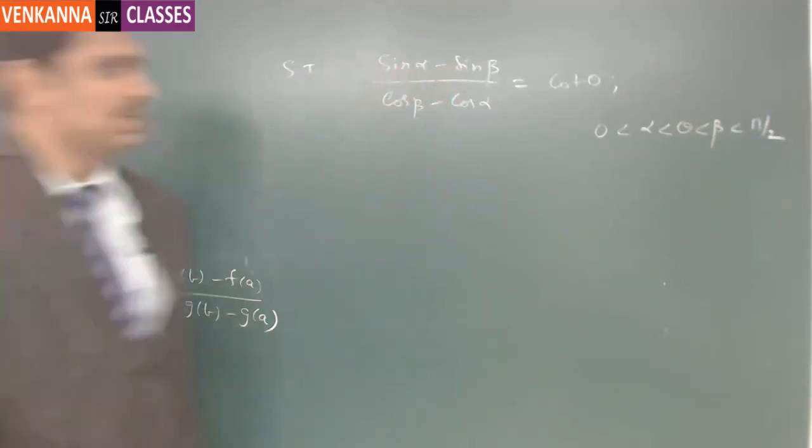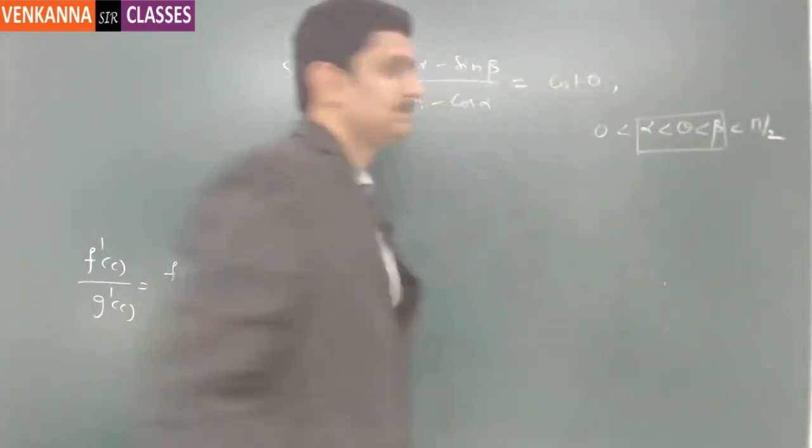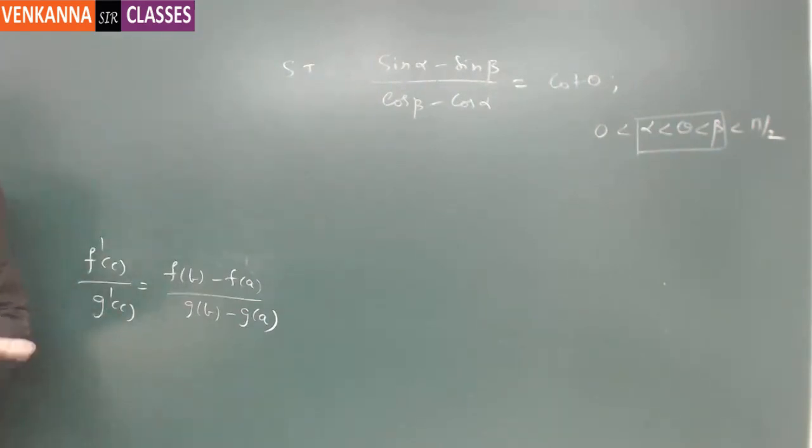So the interval you are going to take is alpha, beta, and theta is lying in between them. Since alpha and beta you can take any numbers, you cannot exceed 0 and pi by 2. So alpha and beta values are lying in between 0 and pi by 2. Clear?